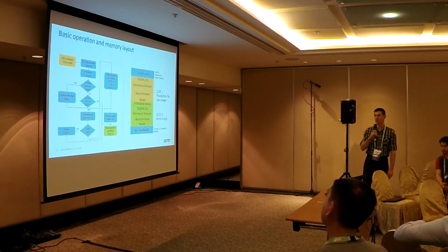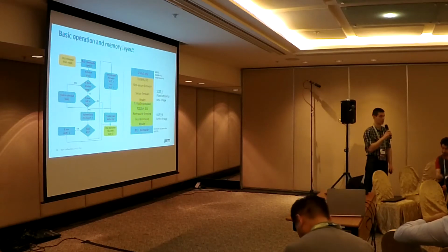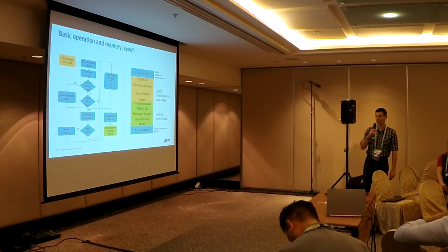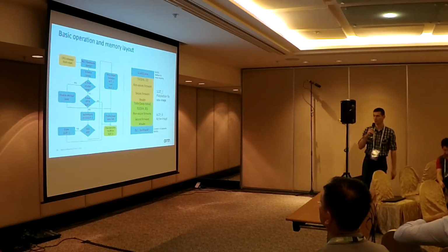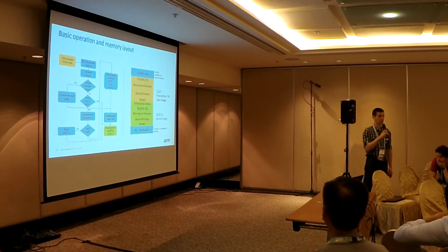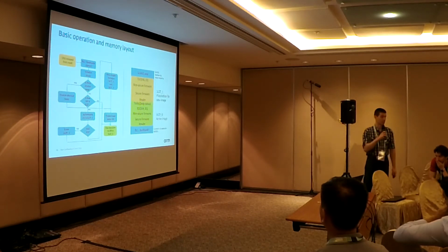In case of successful authentication, it will do the swapping. I will have a slide later on how the swapping works. After the swapping, the new image was copied to the active memory area, and it can be started by MCUBoot. MCUBoot passes the execution and lets the new software run.